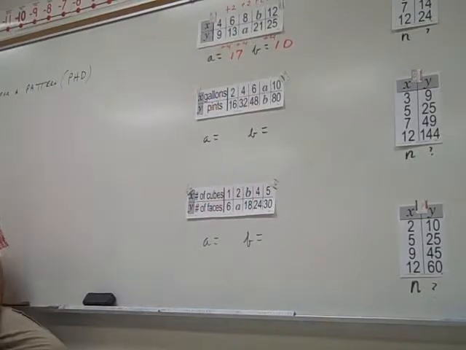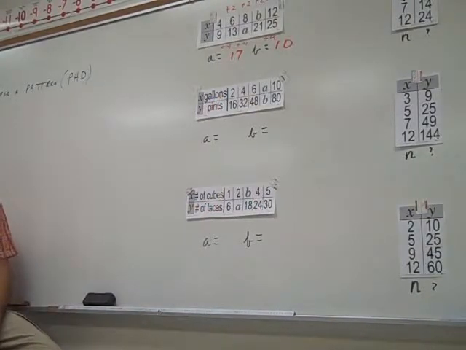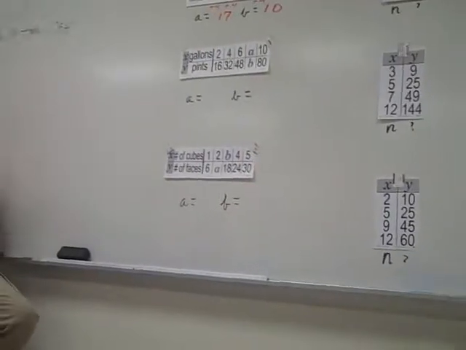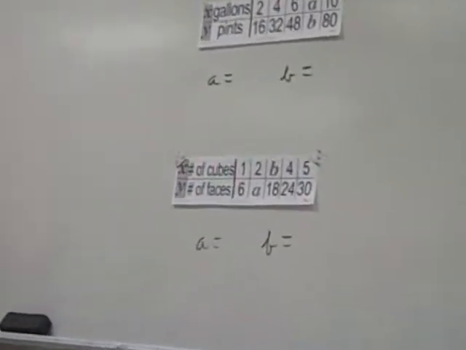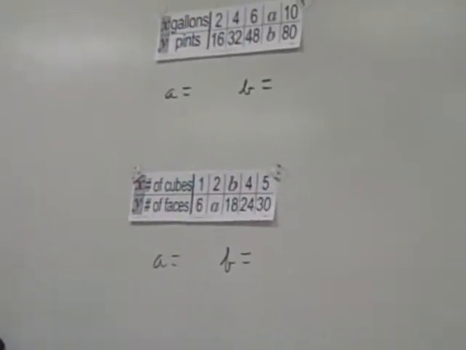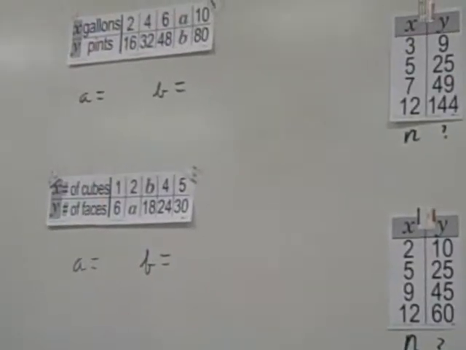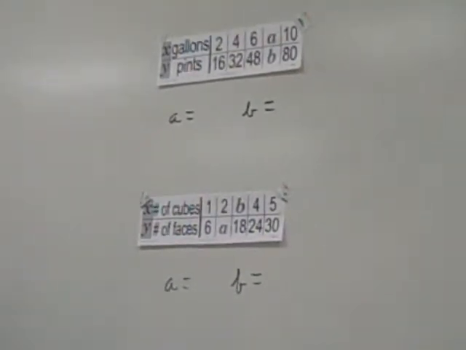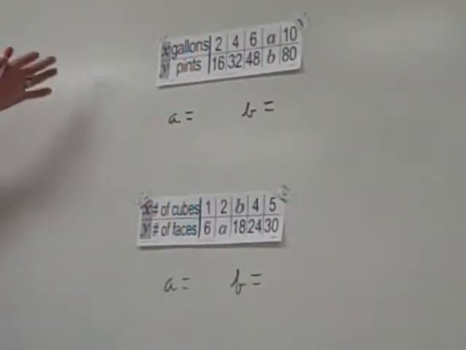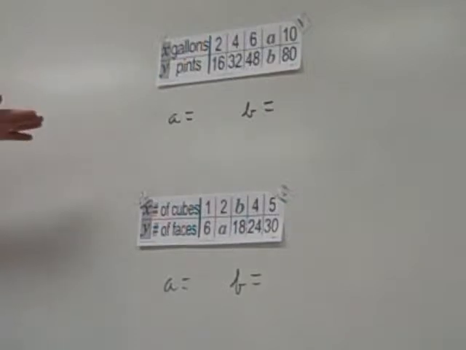Gallons and pints. 2 and 16, 4 and 32, 6 and 48, and 10 and 80. Okay? What jumps out at you? Going down? 2 and 16, 4 and 32, 6 and 48.